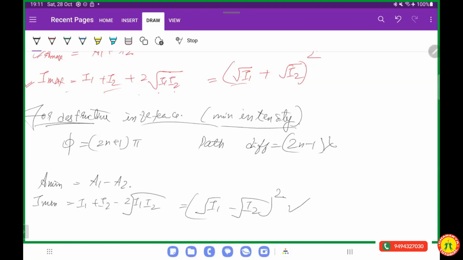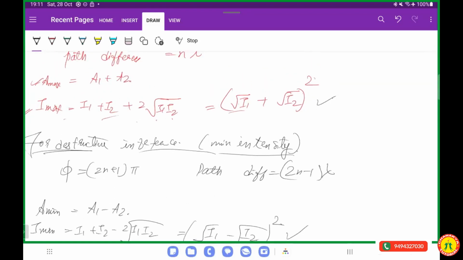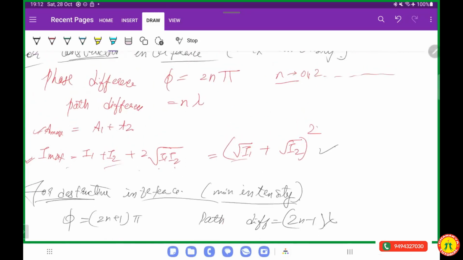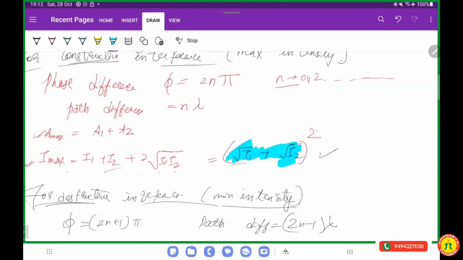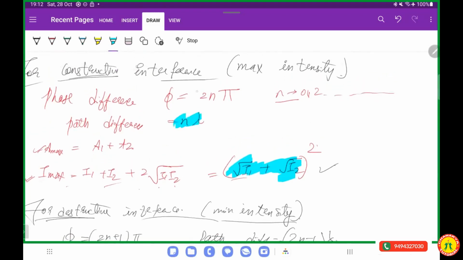So only these things we need to remember. All this derivation we need not remember. I'm not giving full derivation, everything like that, not required. We need this form, this one. Phase difference for constructive is 2n pi and path difference n lambda.